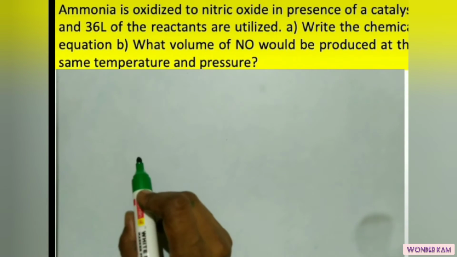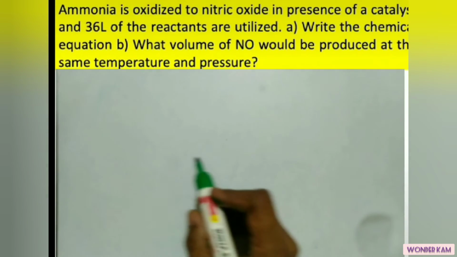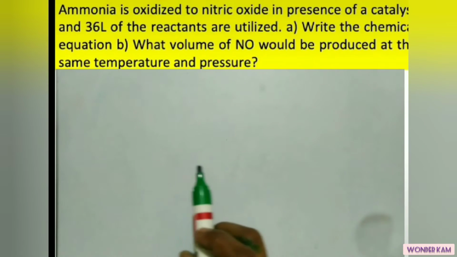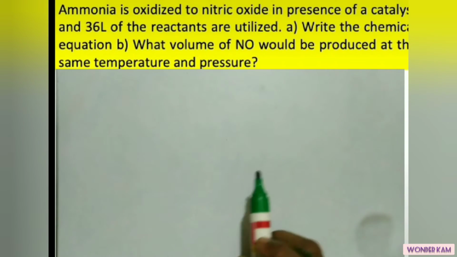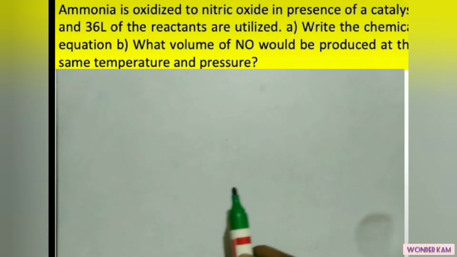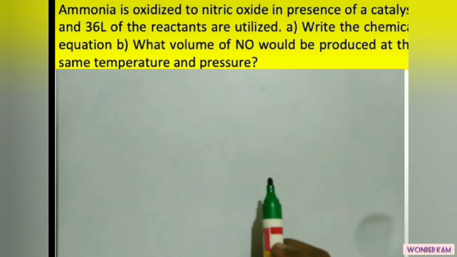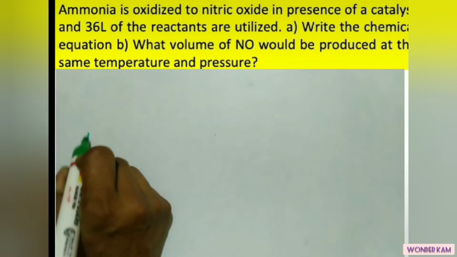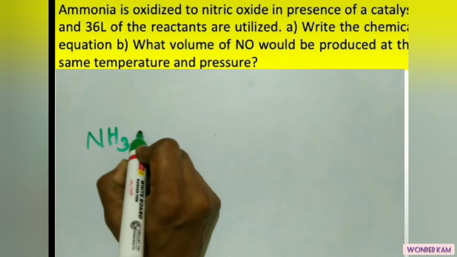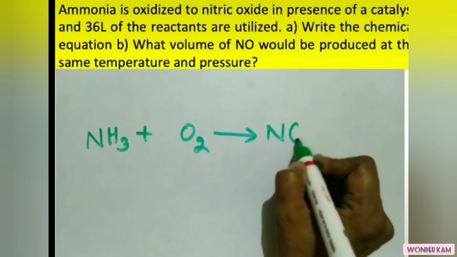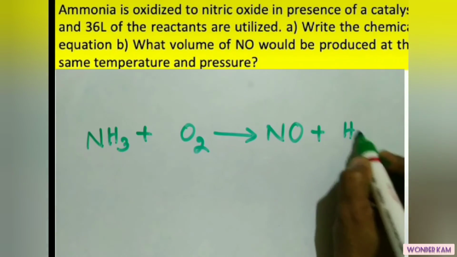It is a very interesting problem. Ammonia is oxidized to nitric oxide in the presence of a catalyst and 36 liters of the reactants are utilized. Write the balanced chemical equation and find what volume of nitric oxide would be produced at the same temperature and pressure. Ammonia plus oxygen would give nitric oxide plus water.